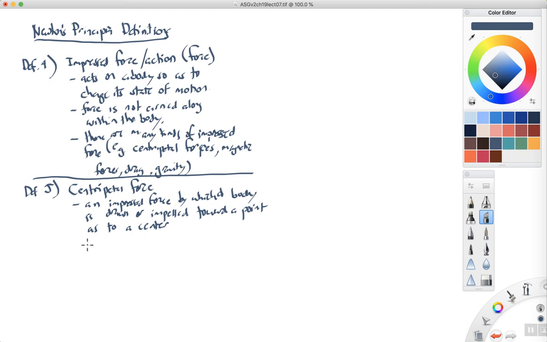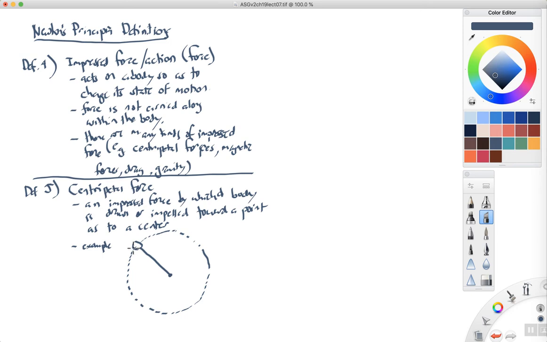Okay, so for example, maybe a simple example would be if you have your hand, let's say right here, and you have a string, and to the end of the string you attach a rock, and you spin this rock around over your head. So this is kind of looking down at you from above as this rock is spinning around.